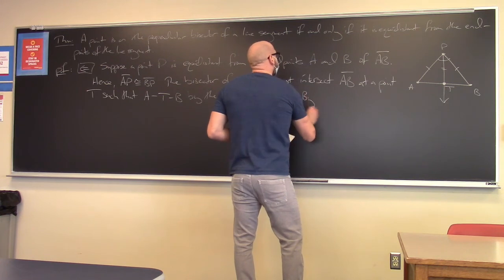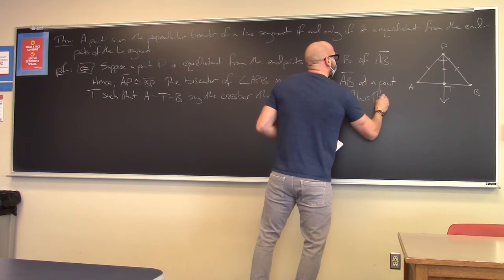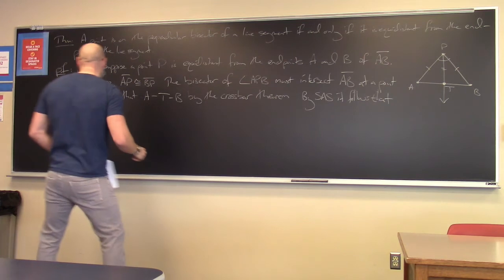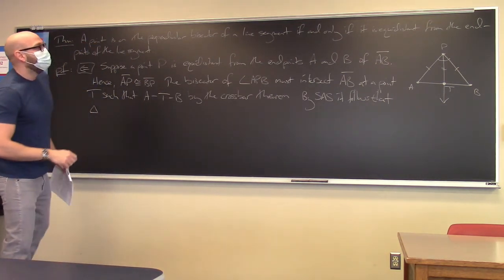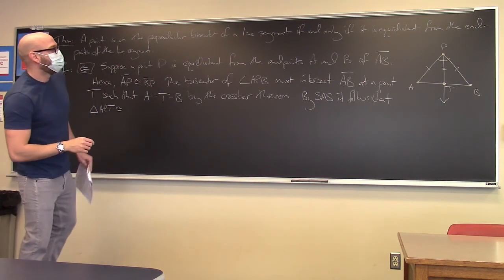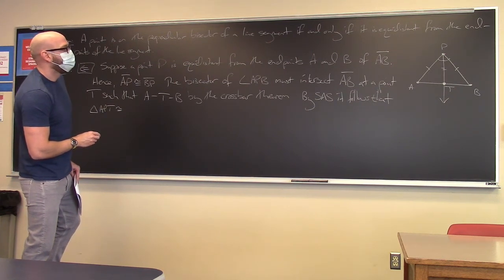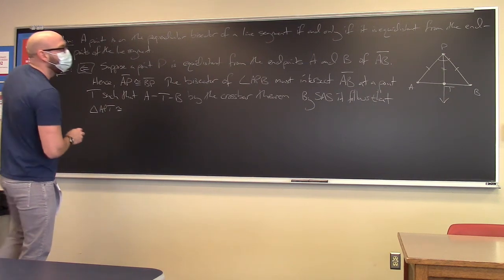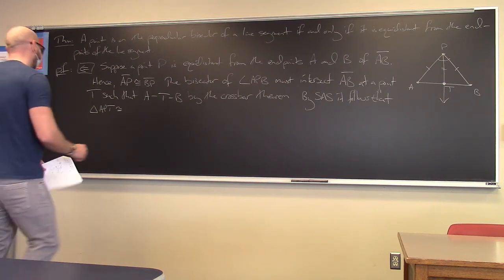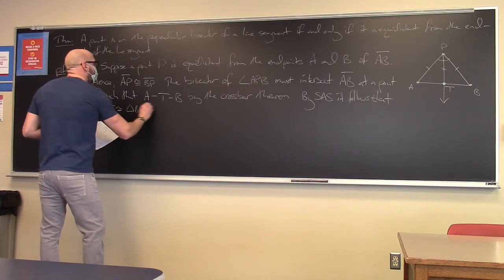So by SAS, it follows that these two triangles that we have, triangle APT is congruent to triangle BPT.